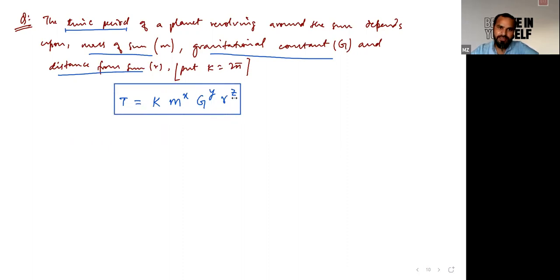The first step is to write the dimension formula of left hand side and right hand side. On the basis of that, compare the exponent of each part to find X, Y, and Z. Okay? Yes. Try to solve.